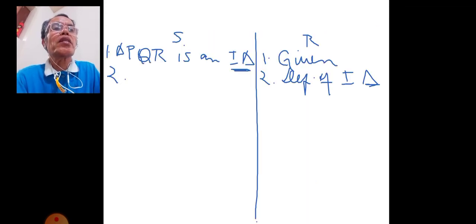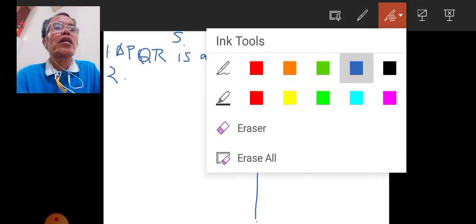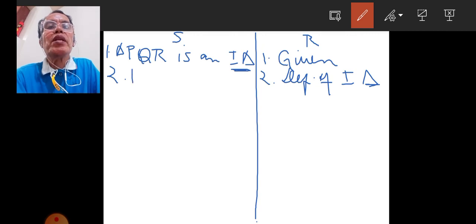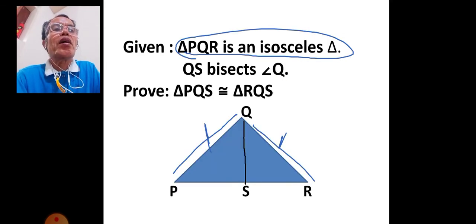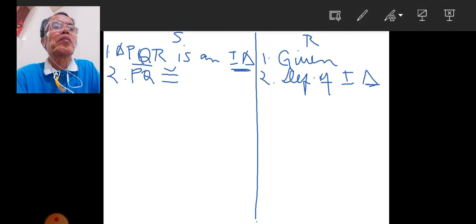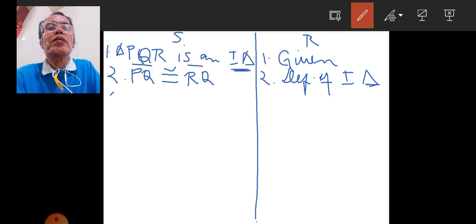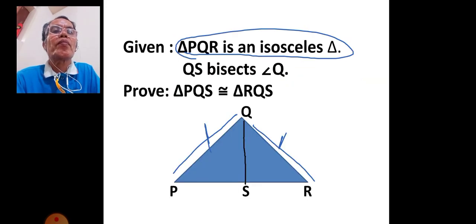So that is side PQ must be congruent to side, what's the other one? RQ. Segment RQ. So next, number 3.